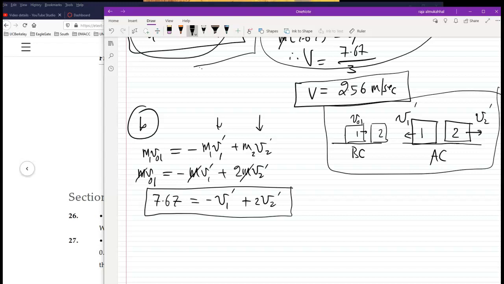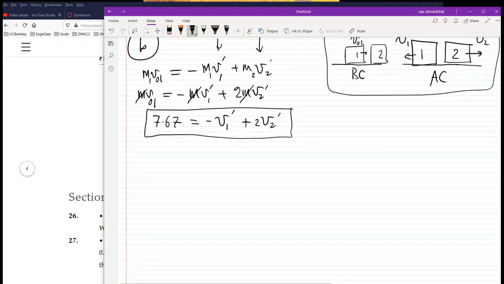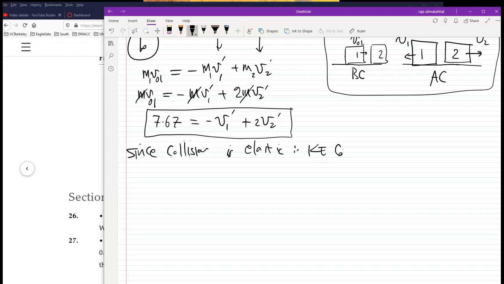Since the collision is elastic, the kinetic energy is conserved. Remember? So now I'm going to appeal to the kinetic energy, which is basically the kinetic energy before equal to the kinetic energy after.